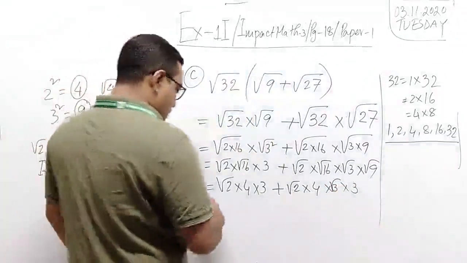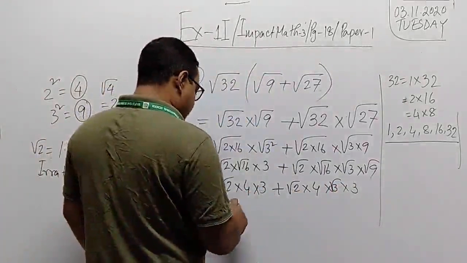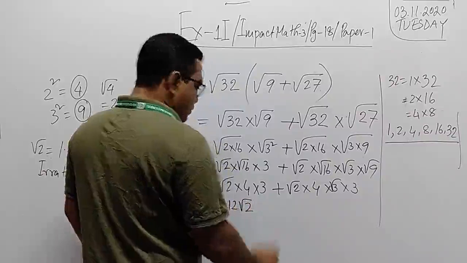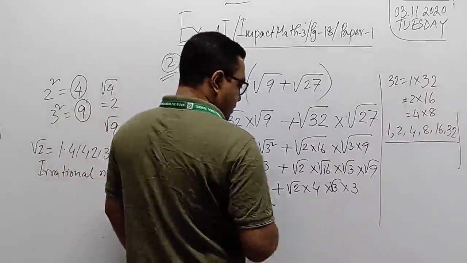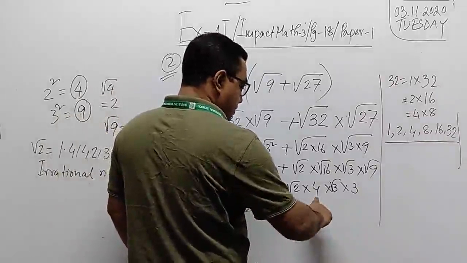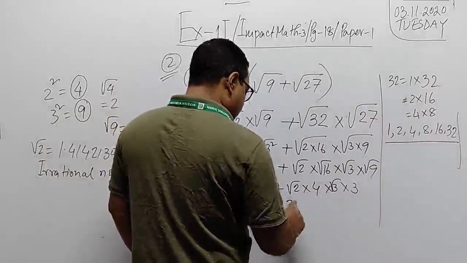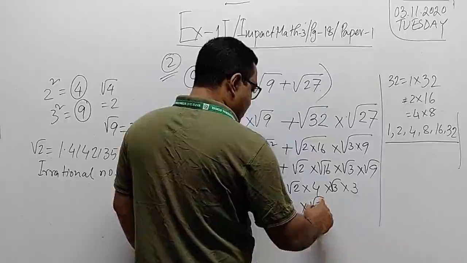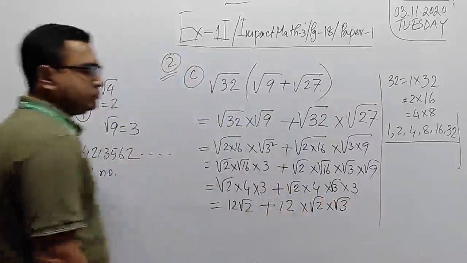Now, these are the coefficients. 4 times 3 is 12. So 12 square root of 2. First of all, try to arrange the integer numbers. 3 into 4, that is 12. And square root of 2 into the square root of 3.